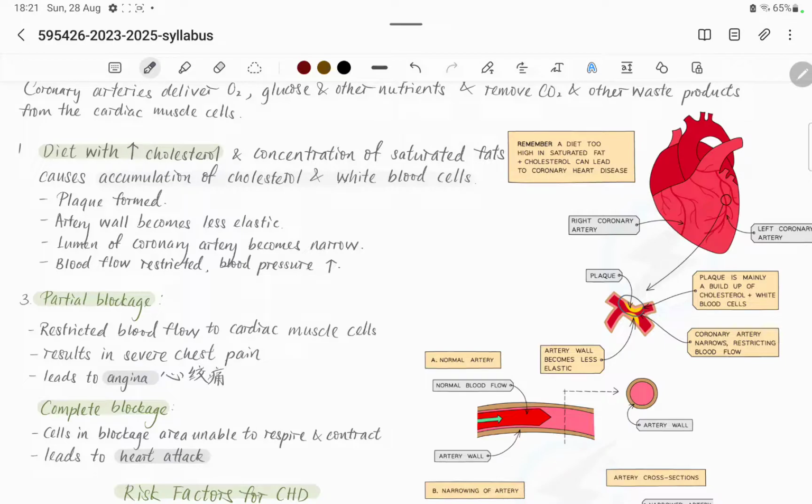Okay, and then after that, the artery wall will also become less elastic because you have something covering the walls already, so it is not elastic to be pulled or to contract and relax. So the lumen of the artery also becomes narrow.